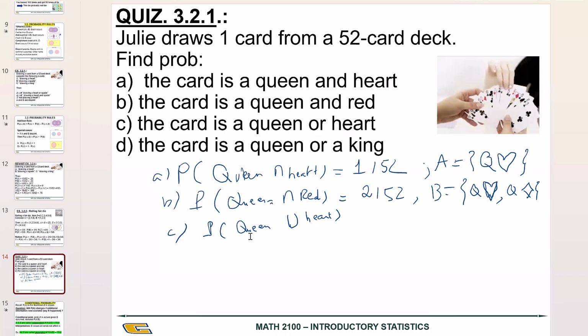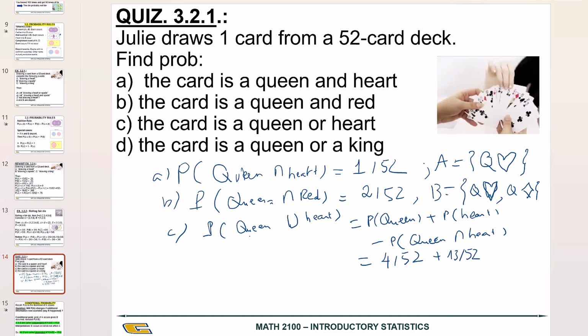What I'm going to do is just use P(queen) plus P(heart), and subtract the probability of queen and heart. So the probability of having a queen is 4 by 52 because you have 4 queens. The hearts, you have 13 by 52. And subtract queen and heart, which we just calculated in part A, 1 by 52. So here you have 16 by 52.